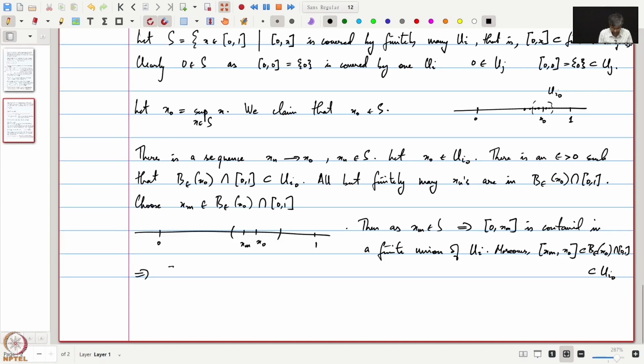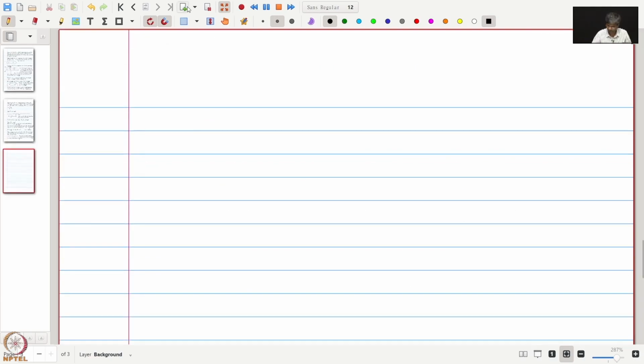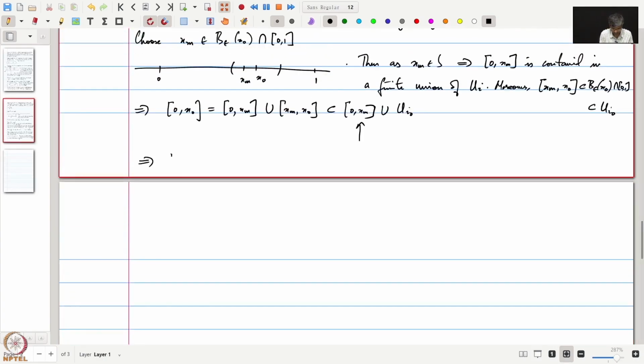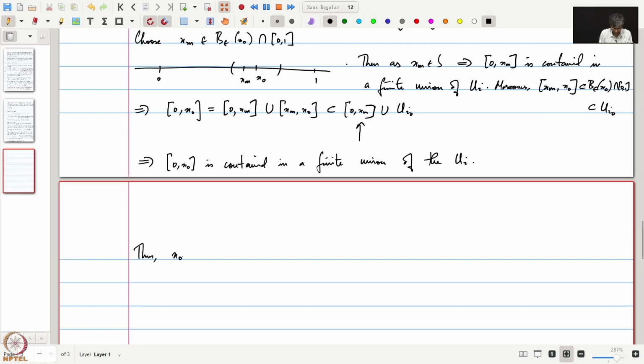So this implies that [0, x_0], which is equal to [0, x_m] union [x_m, x_0], is contained in [0, x_m] union U_{i_0}. Now [0, x_m] is contained in a finite union, and therefore [0, x_0] is contained in that finite union along with U_{i_0}, which is therefore also finite. Thus x_0 is in S. So this proves our claim that x_0 is in S.